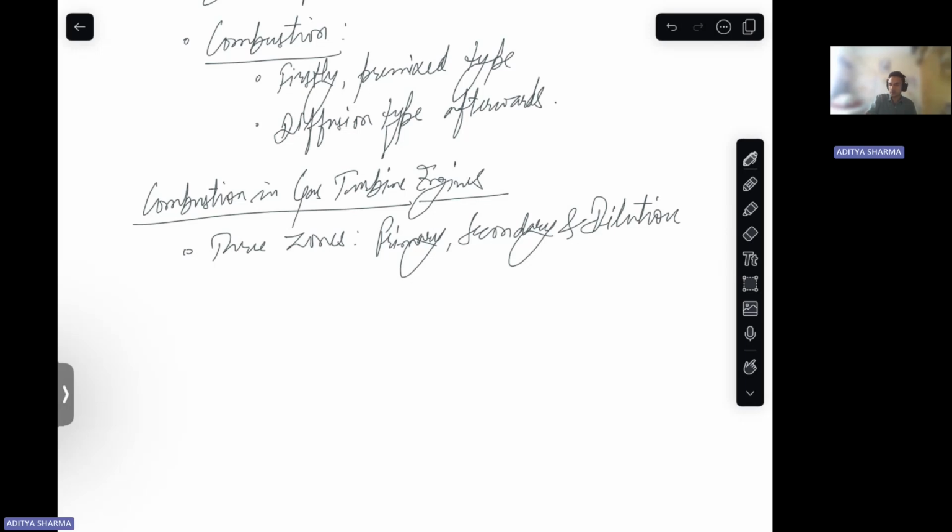For that, the dilution zone comes into picture. So this is the importance of the dilution zone, correct? And in the primary and secondary zones you get to see the combustion.